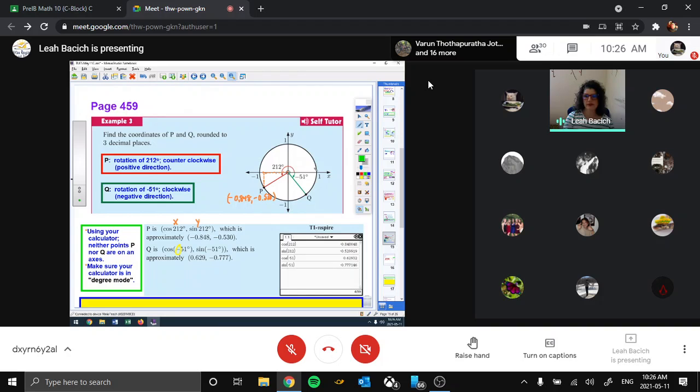So normally we rotate positive. In point Q, it says -51. So we're actually starting here and we're rotating -51 degrees. We're going this way. So on your calculator, make sure that you put in the negative button. Okay, for that you have to use your negative key. And it gives us the approximate points for that guy.